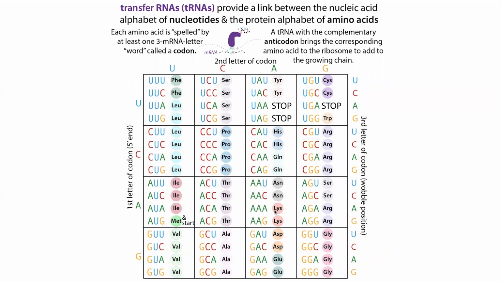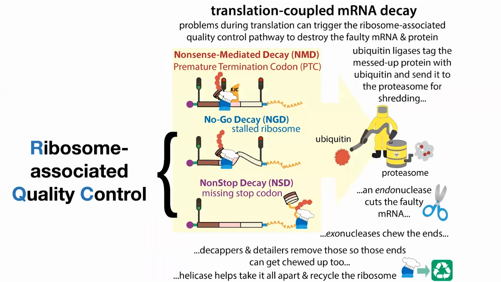So right now you're going to be putting in a whole string of lysines, and eventually you're going to be pushing those lysines out of the tunnel. And when you push those lysines out of the tunnel, they're going to be exposed. They can then get ubiquitinated, and this is going to lead to the degradation.